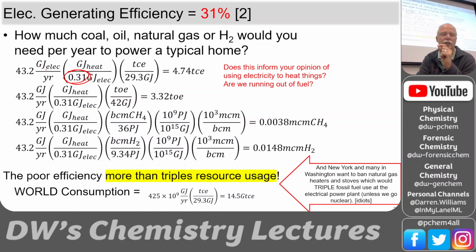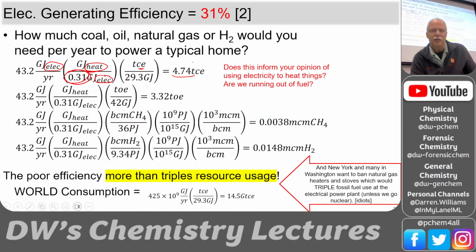So we want joules of electricity, 43 gigajoules of electricity per year, and this is the amount of electricity we get from our heat source. It's 31% efficient. That was from that Energy Information Agency number. Okay, and so then when we convert that to coal, it's 4.7.